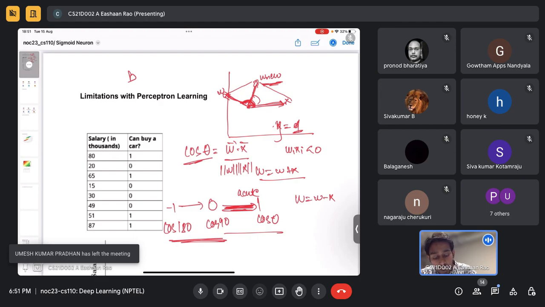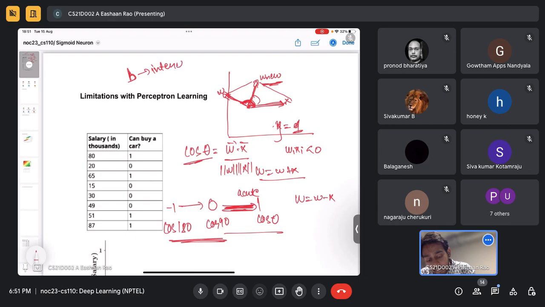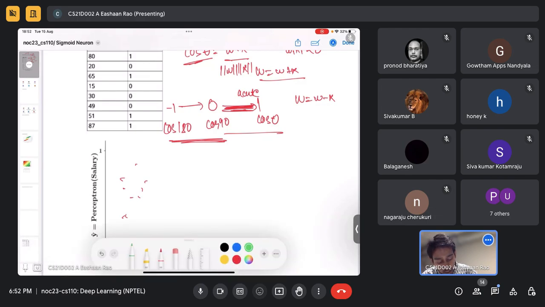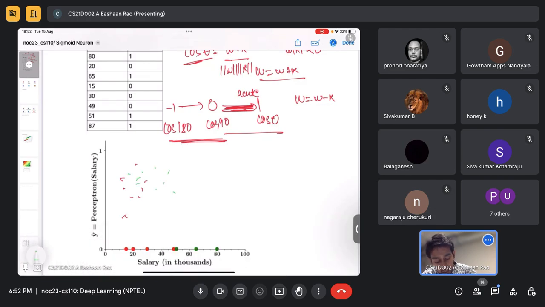Now b is basically called the intercept. To explain it again, suppose I have data here, red and green.